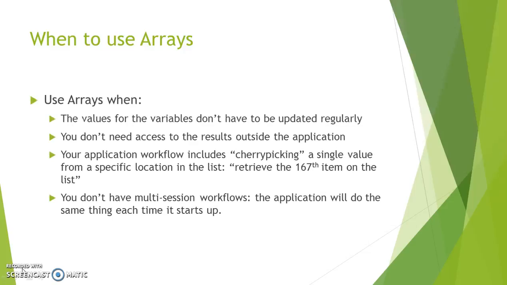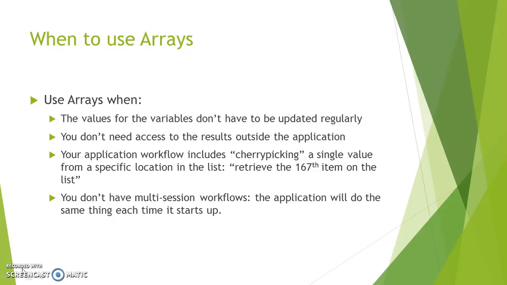Now, when to use arrays. Arrays can be efficient when you don't have to update the starting values for given variables very regularly. When you don't need access to the results outside the application, so you won't be taking the results into Excel. Now this one is interesting. Arrays can be useful when you're doing cherry picking.